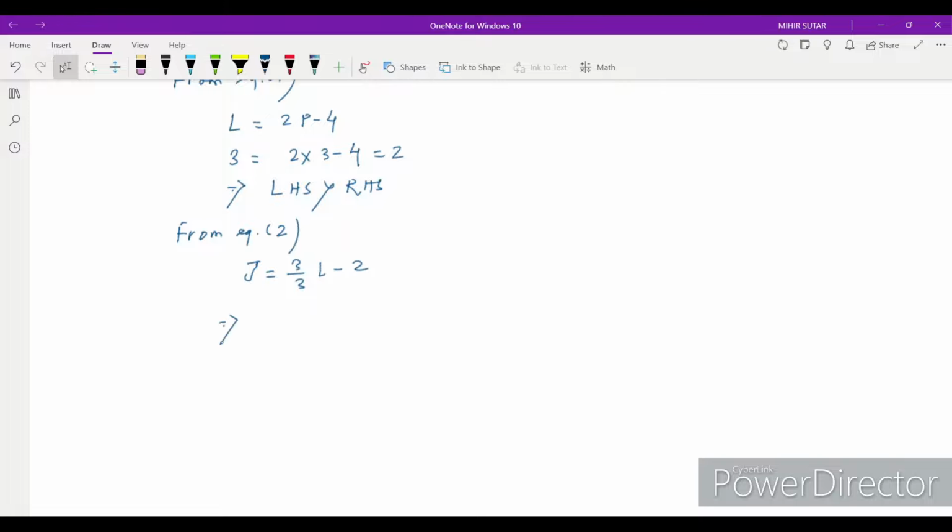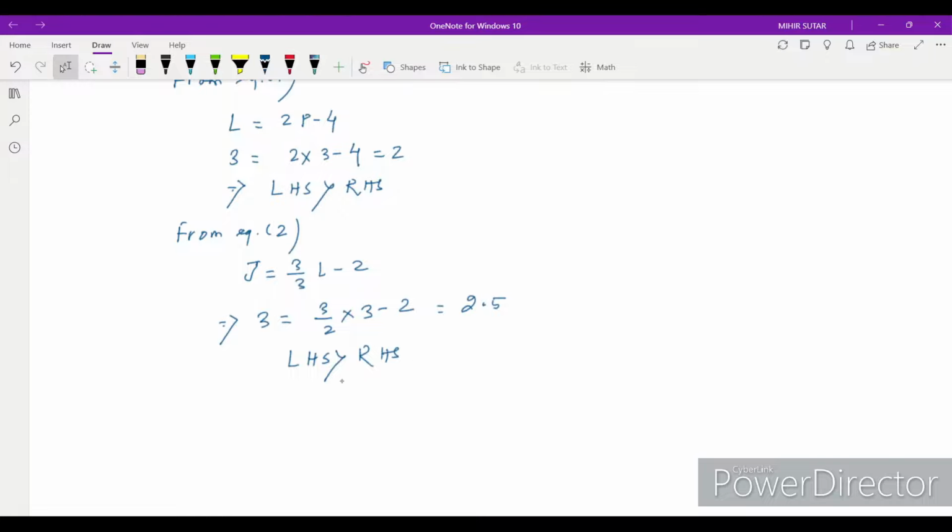So we have the number of joints equal to 3 by 2 multiplied by 3 minus 2, which is equal to 2.5. So here also LHS is greater than RHS. So equations 1 and 2 are both not satisfied.